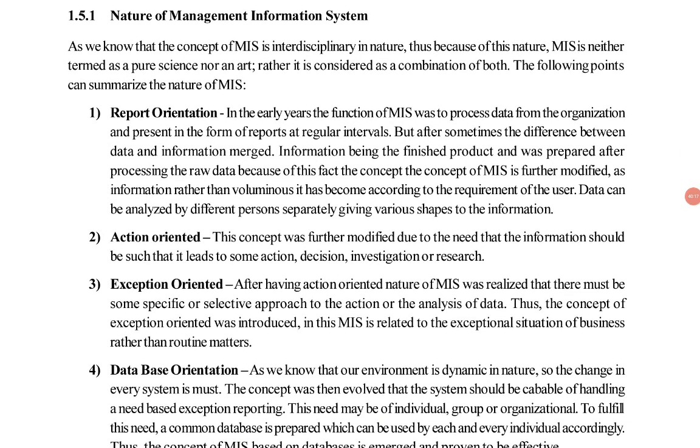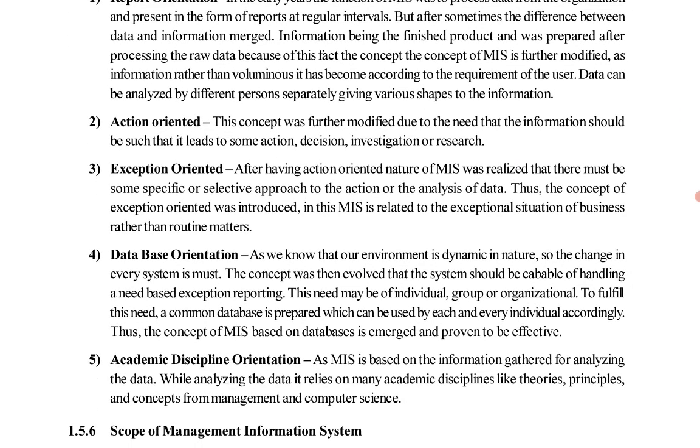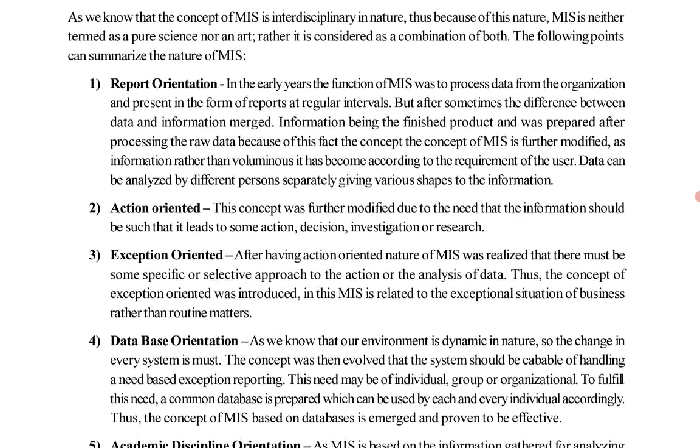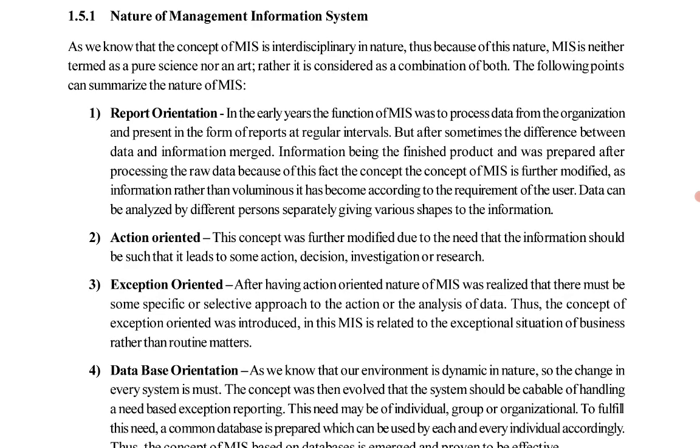What is the nature of MIS and information system? Report oriented, action oriented, exception oriented, database oriented, and academic discipline oriented. Generally these are the various ways an MIS works in an organization. So we will discuss in the next class.